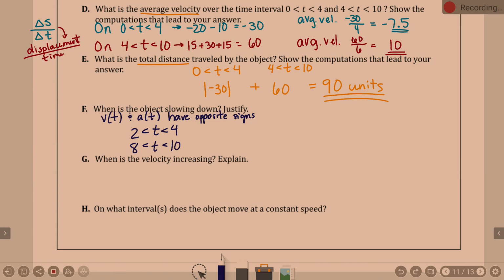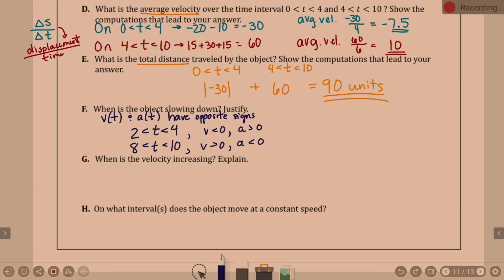If I have to justify on 2 to 4, it's because my velocity is less than 0 and my acceleration is greater than 0. On 8 to 10, it's because my velocity is greater than 0 and my acceleration is less than 0.